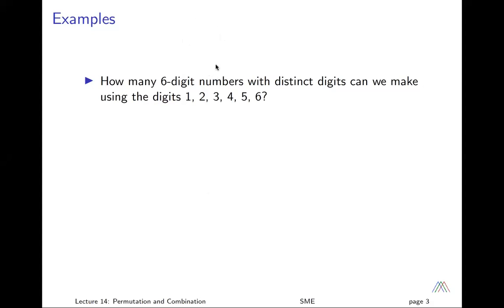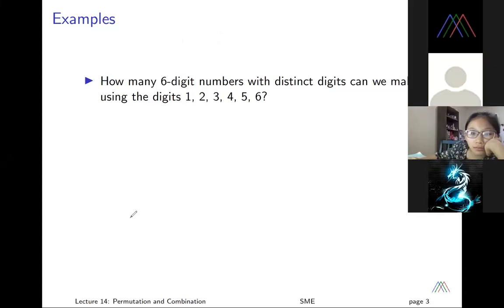Okay. So here I'll give a hint. Let's simplify the situation first, where you only have 3 digits, just 1, 2, and 3.